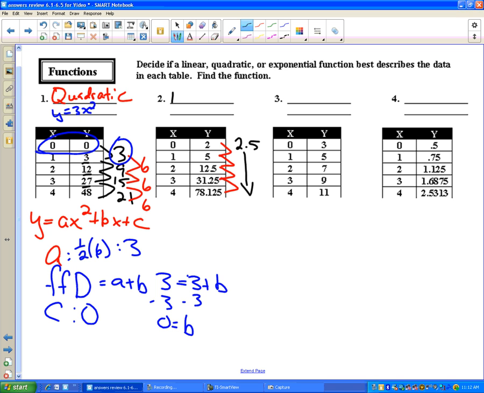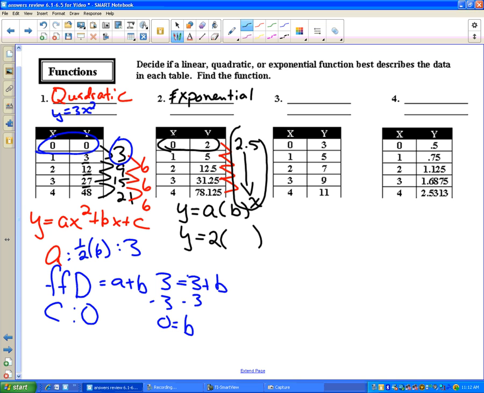So that means that this is exponential. Since it's exponential, I know the equation is y equals a times b to the x power. I know that a is my initial value, y when x equals 0, so this is 2. My b is always my successive quotient, so this is 2.5 to the x power.